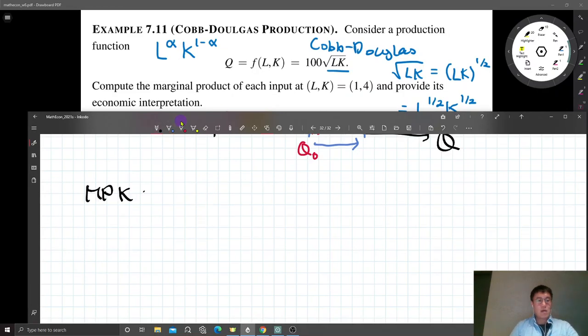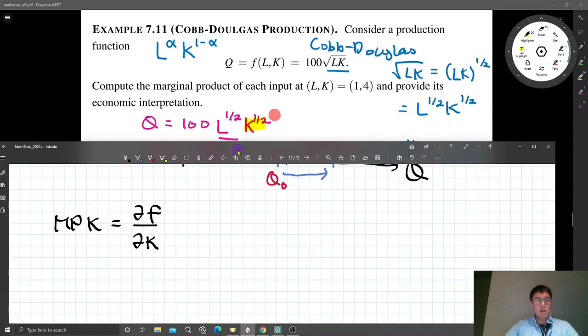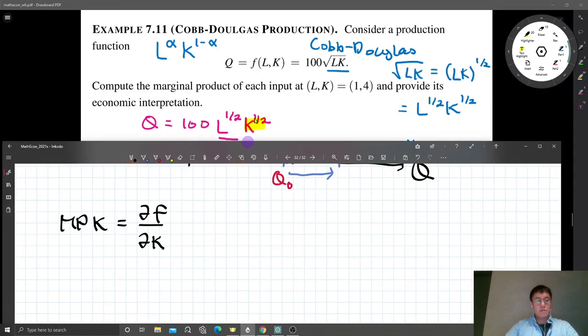MPK is the partial derivative with respect to K. Okay, so once again, let me work with this function. And now L is a constant, right? So leave the constant terms alone. And then we take the derivative of K to the power 1/2.